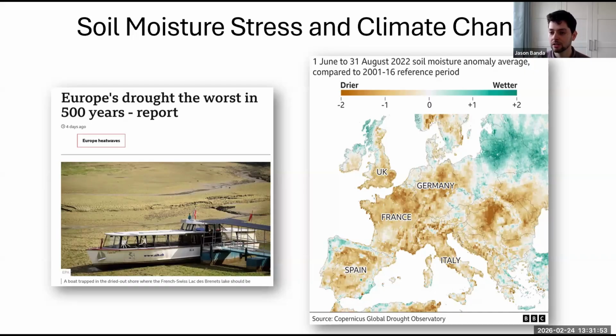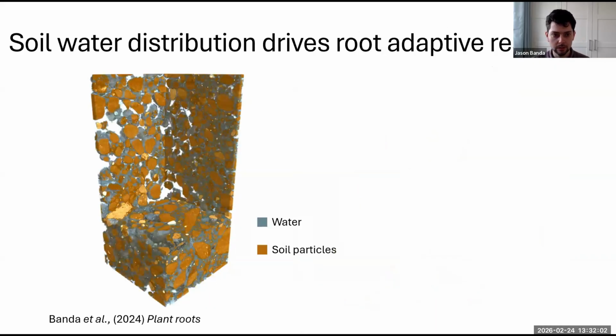So we need to adapt plants to maximize the influx of water from the soil, and of course to do that by the root system. As you can see here from this beautiful CT soil core, on a macro level, soil consists of a couple of components: the soil particles, the water around these soil particles, and air gaps in between, the spaces where there is no water.